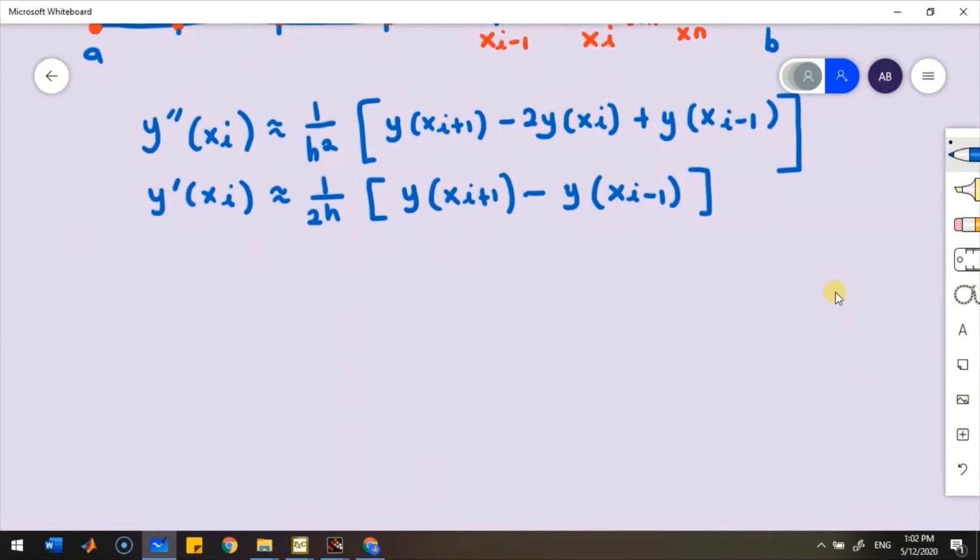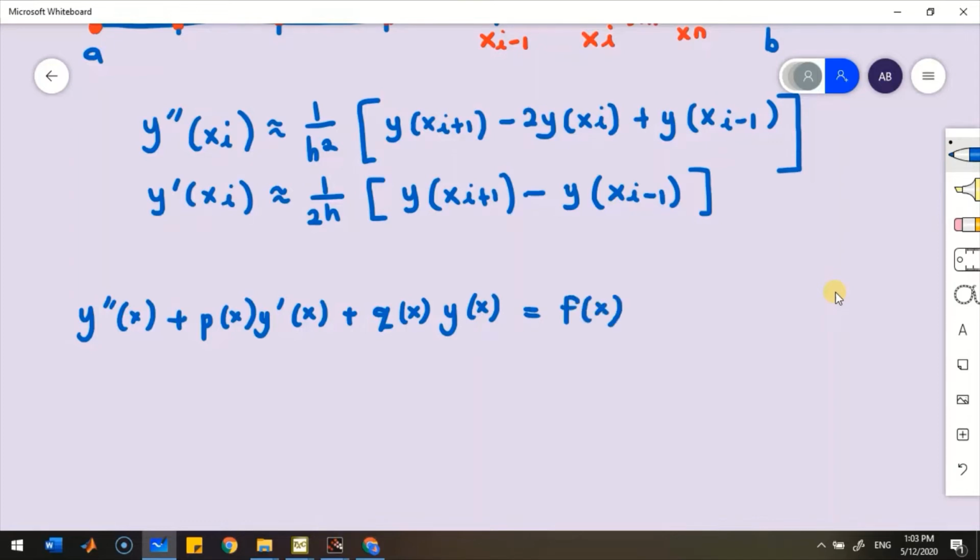If you forgot, the standard form for the 2-point boundary value problem is given by y double prime x plus px y prime x plus qx y x equals fx. So what I'm going to do is put these two equations into the standard form. Let's do that.